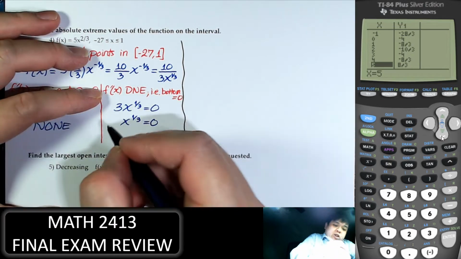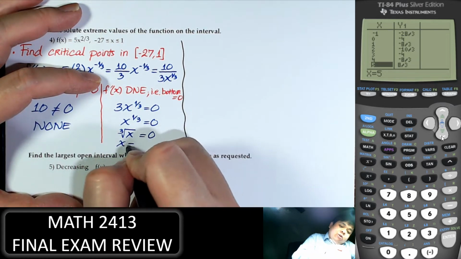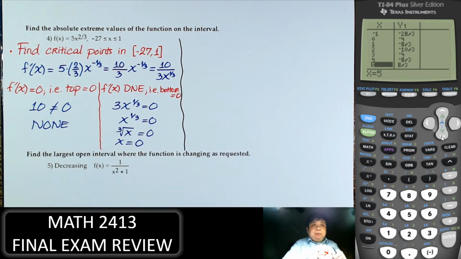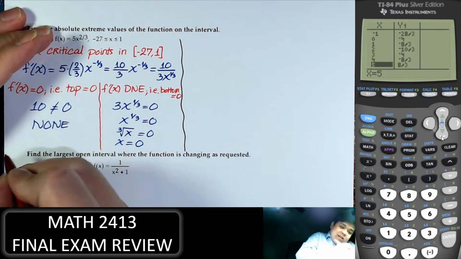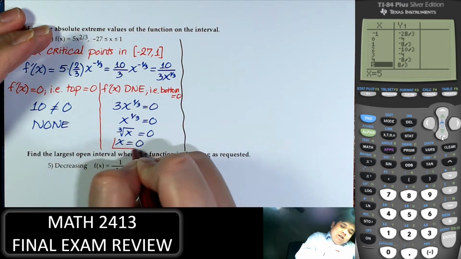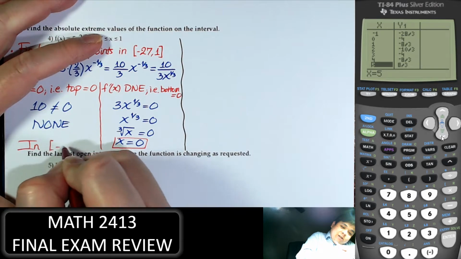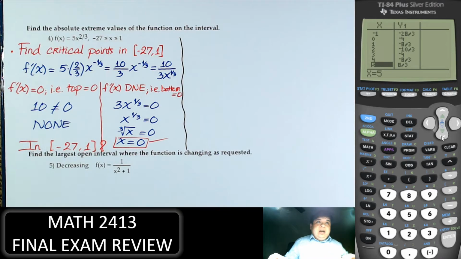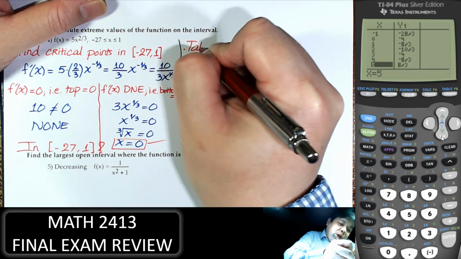X to the 1/3 is the cube root, and then cube both sides, we have x equal to 0. So make sure that it is in the domain, and 0 belongs to the domain. Yes, so x equal to 0 is in the domain. Next, we will just put everything in the table of the original function.